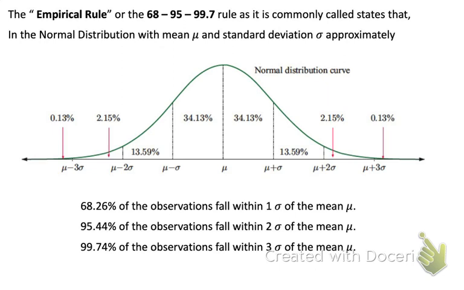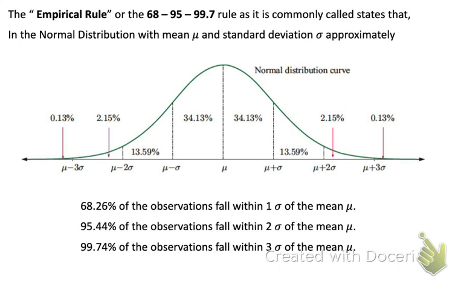What that means is that in a normally distributed data set, 68% of the observations are going to fall within one standard deviation of the mean. 95% of the data will fall between two standard deviations of the mean, and finally 99.7% of all the observations will fall within 3 standard deviations of the mean. That means it's a really extreme case. If something falls more than 3 standard deviations from the mean, it is not considered quote unquote normal.